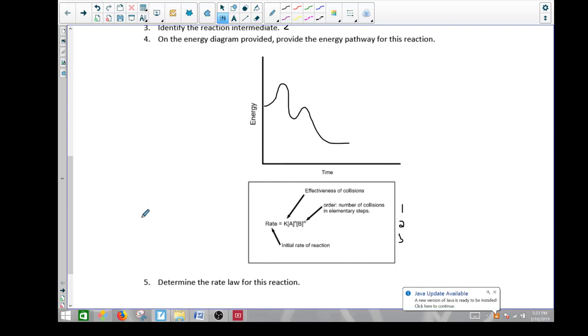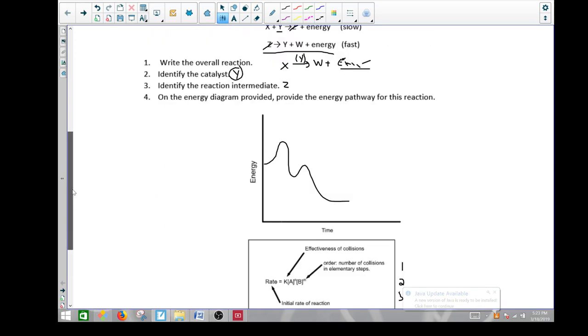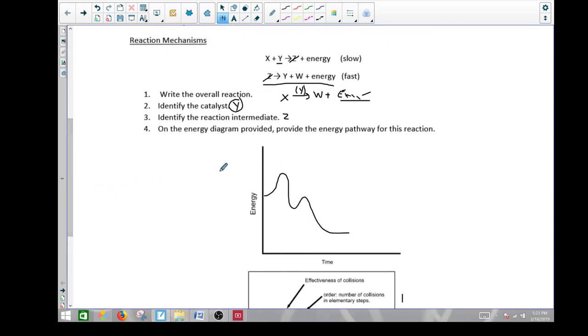All right, so to write this up, we've got slow and fast. Everything in the slow step and feeding the slow step involves the rate law. So anything north of this.